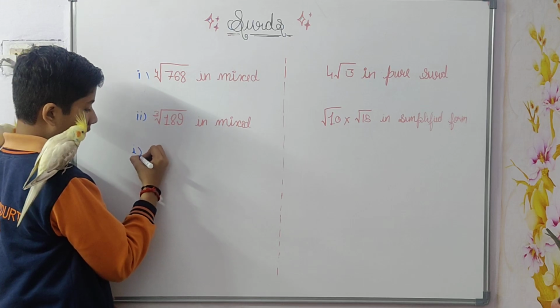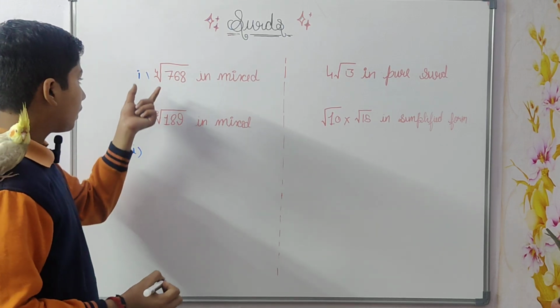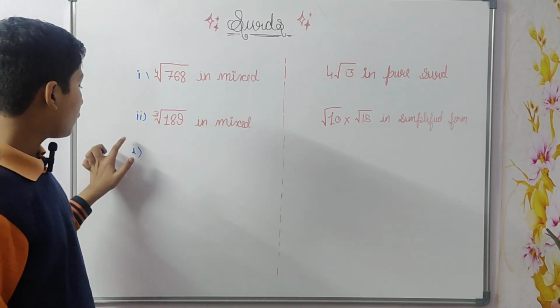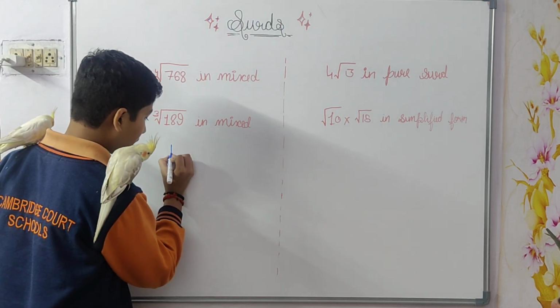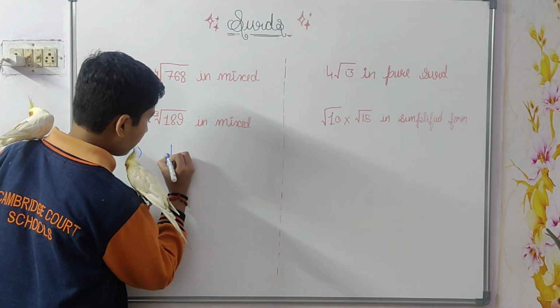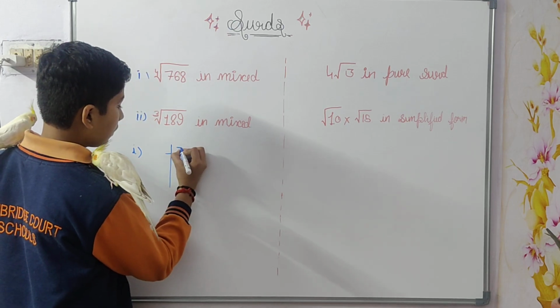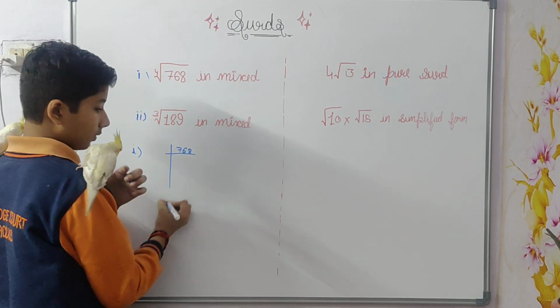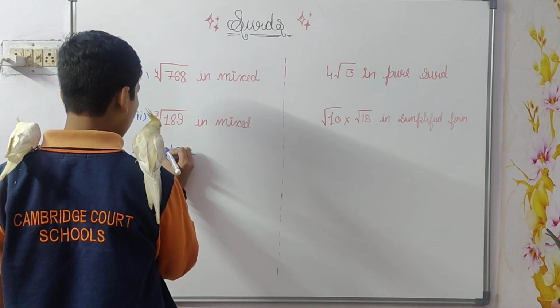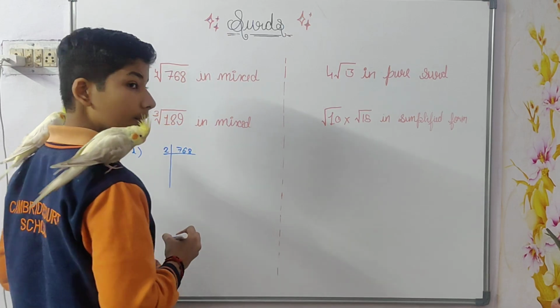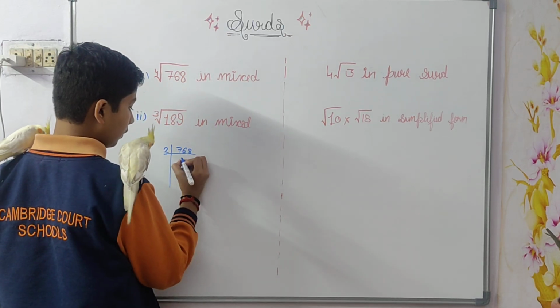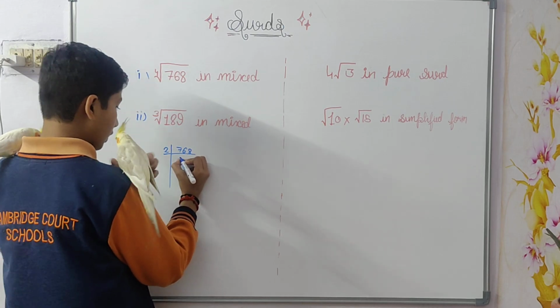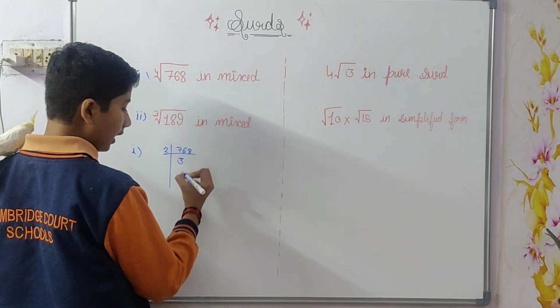So now, number 1 solution, 768. We have to first factorize it, prime factorization. 768. So firstly we will do by 2, 2 threes are 6, 3 times.